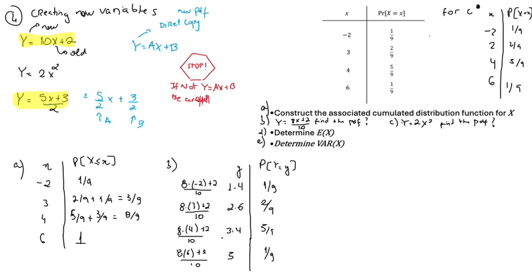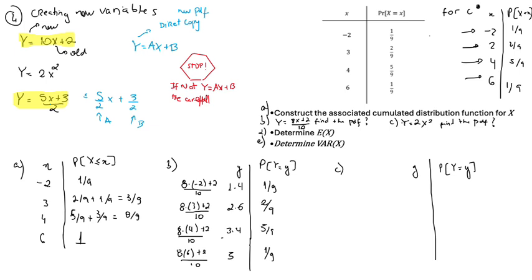If I want the PDF of this y, I will create a PDF of this new y, okay? And on the y, I have to know what values y can assume. So what value can y assume when x is equal to -2?